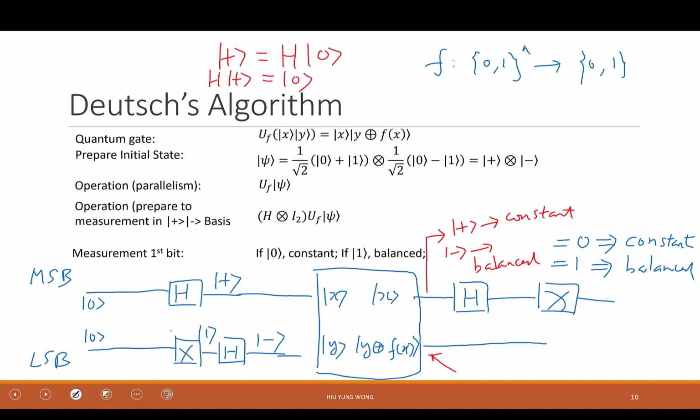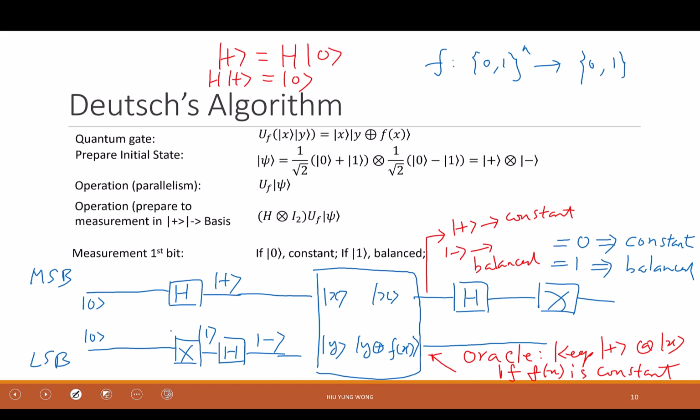Okay, so let me write this down. The oracle, right? This is not a priori, it's not prior, right? I have this after I see this circuit. Keep plus x if f of x is constant.